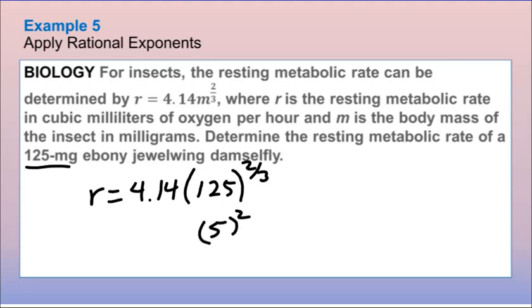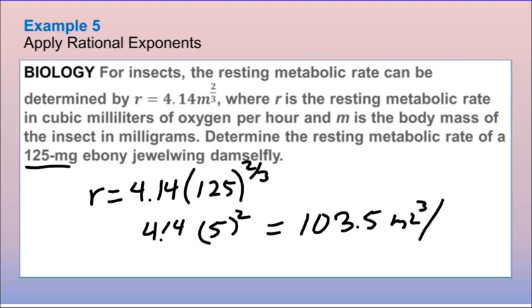And then I have to square that, and then multiply it by 4.14. So 25 times 4.14 will give us an answer of 103.5. So the metabolic rate of the damselfly would be 103.5 cubic milliliters per hour.